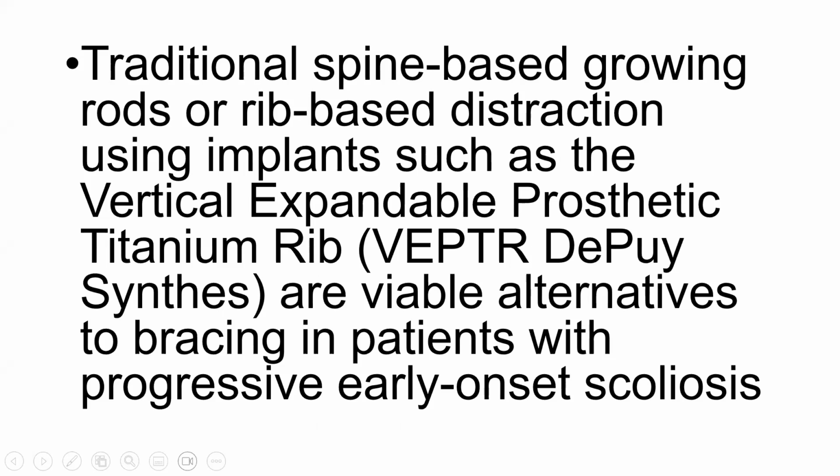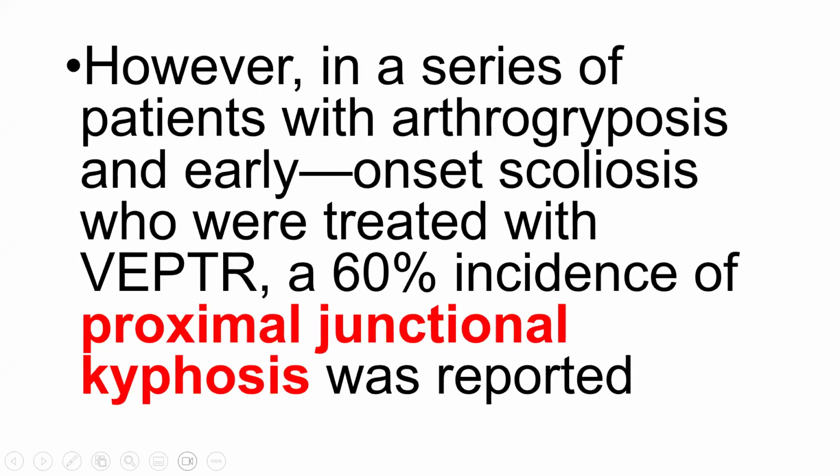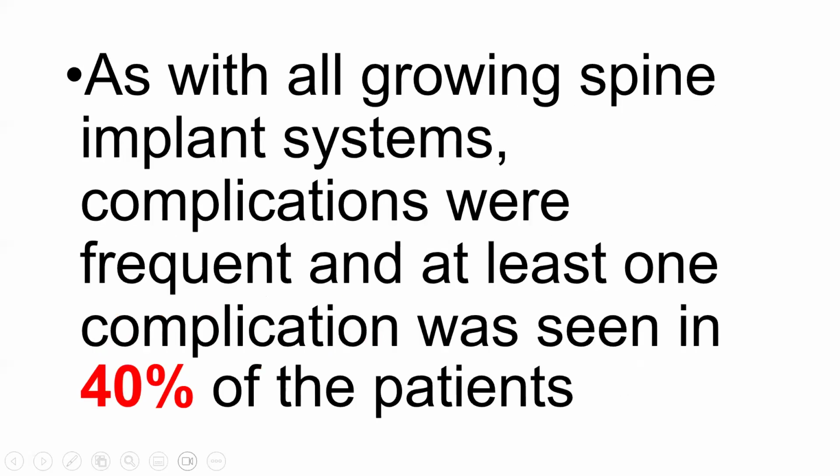However, in a series of patients with arthrogryposis and early onset scoliosis who were treated with VEPTR, a 60% incidence of proximal junctional kyphosis was reported. As with all growing spine implant systems, complications were frequent, and at least one complication was seen in 40% of the patients.